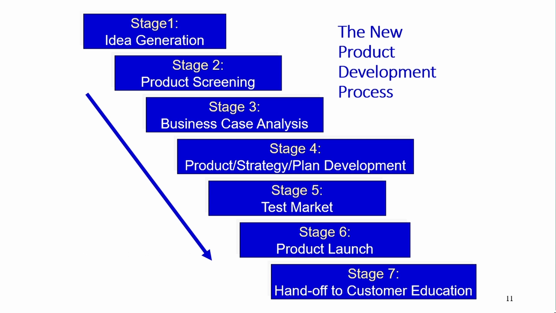But what is important is that today this is not a very linear process. We know that we must have an iterative process. So, we may be going back to the idea generation stage after some feedback coming from the test market, or there may be some reworking on the business case based on feedback coming from the product strategy or plan development stage.